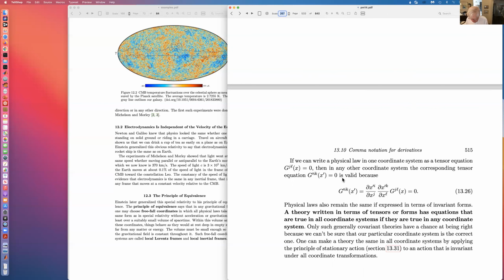And a friend of mine spoke up and said, but Professor Coleman, every equation can be written as something equals 0. And Coleman realized that was true, and all the other students realized that was true. It was about the only time I've ever seen Sidney Coleman caught with a mistake.